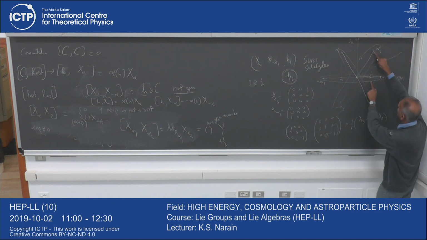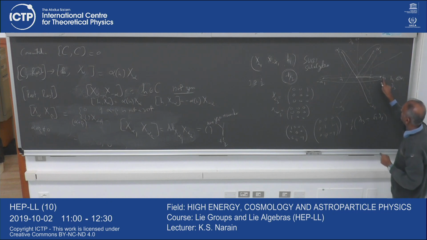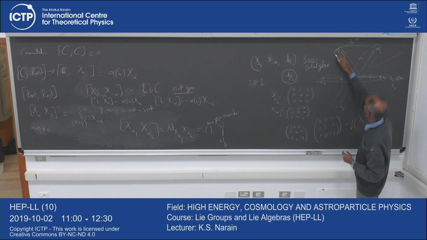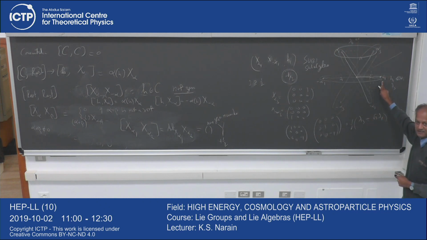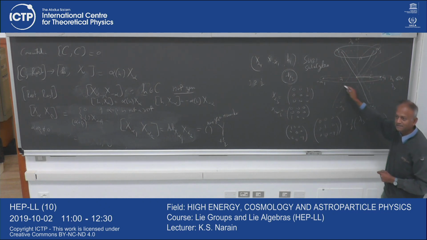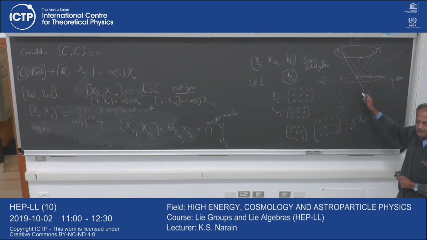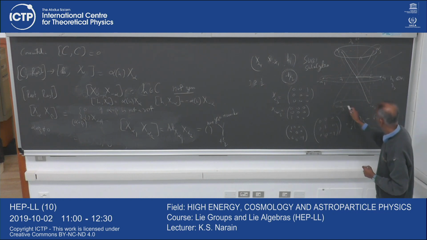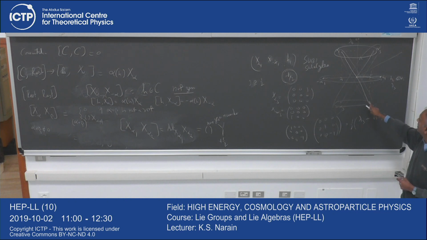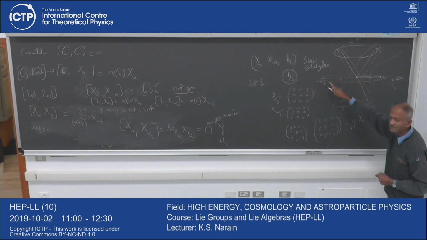That means this is the highest weight state with respect to this SU2 subalgebra. So these two things together form a spin half representation of this SU2 subalgebra. Similarly, these two will form again a spin half representation with respect to this SU2 subalgebra.